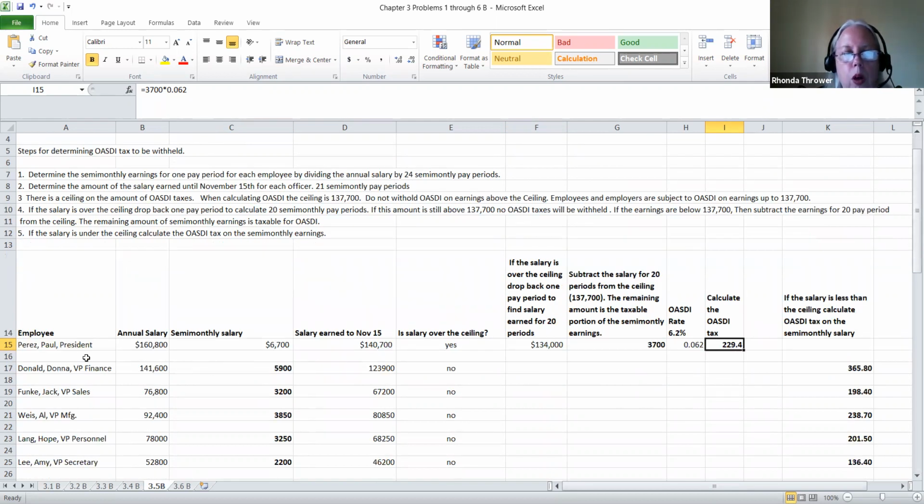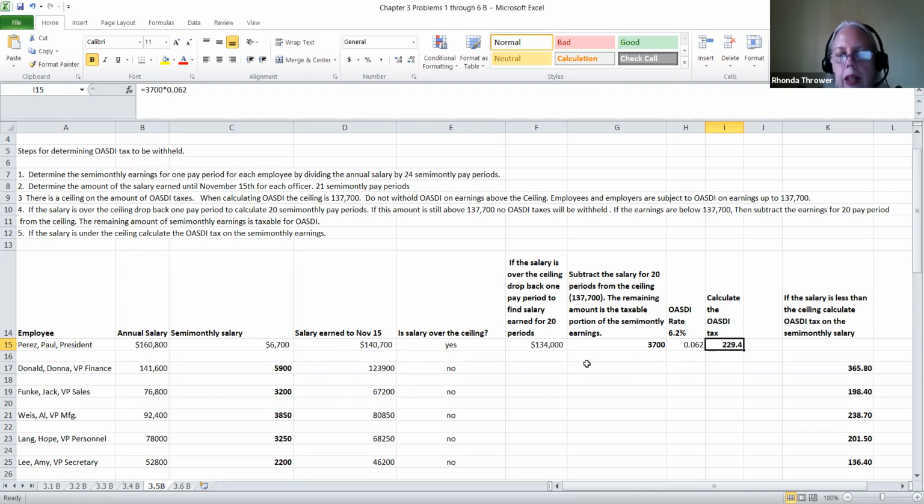So for Paul Perez, the president, he went over the ceiling. We had to find out how much over he went. He went over by 6,700 minus 3,700, whatever that amount is.